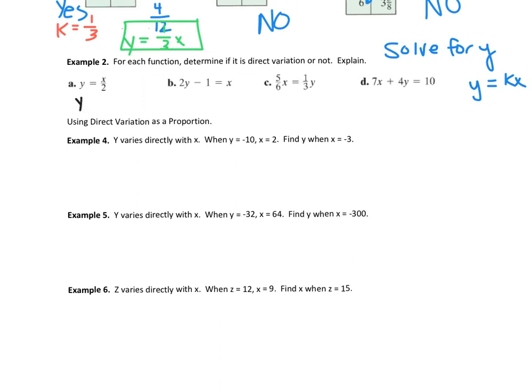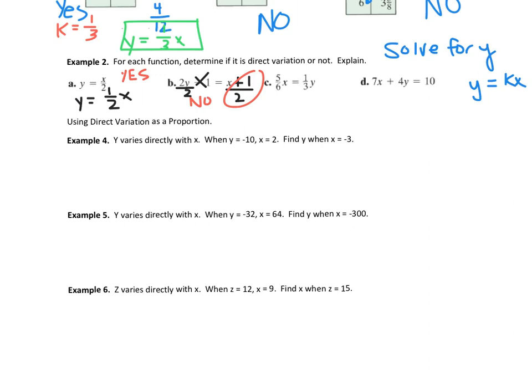So for A, this is direct variation because it's actually Y equals 1/2 X. X over 2, X divided by 2, is the same thing as 1/2 times X. The second one, I'm going to solve for Y, so I'm going to add 1 and then divide both sides by 2. This one would be no because the y-intercept would be 1/2.